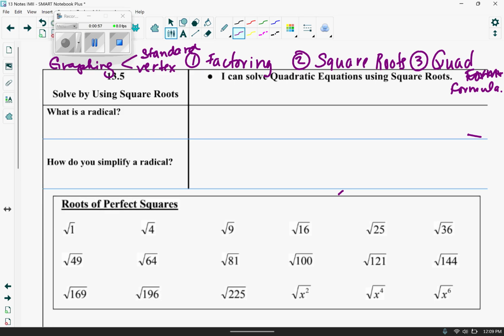Now, to start out with square roots pieces, we're going to have to know what a radical is. And a radical is actually the inverse of an exponent.